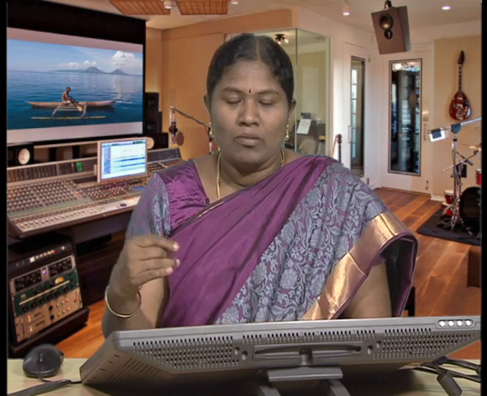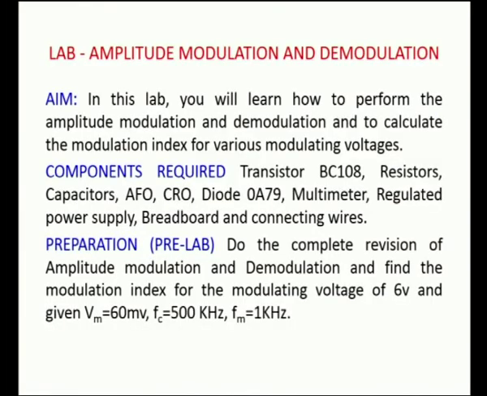So, what are all the components required? Before starting up we should do some preparations. If everything is prepared, then we can go about constructing the experiment and taking out the result. For that we need to know what components are required.